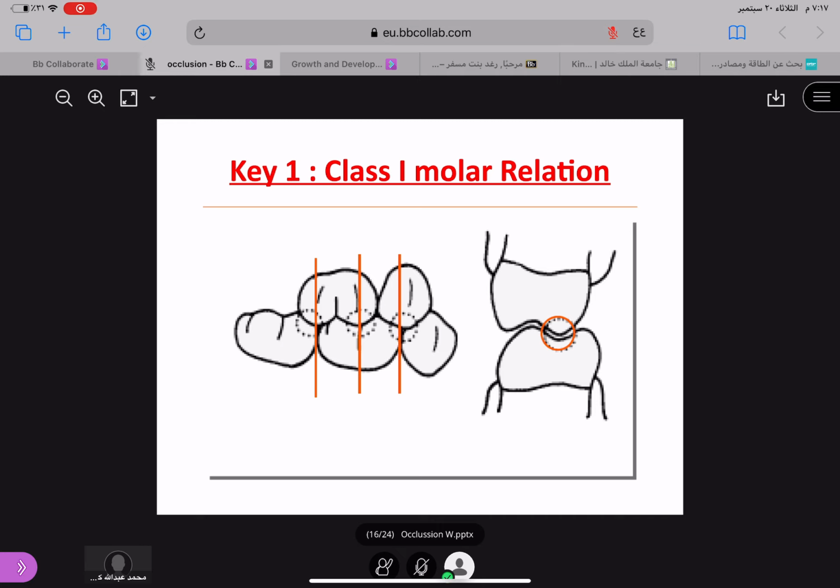This is considered a class 1 molar relationship. So all normal occlusions should have a class 1 molar relationship. And at the same time, you can see the distobuccal cusp is coinciding with the mesial slope of the mandibular second molar. This is the normal class 1 relationship of molar, right?